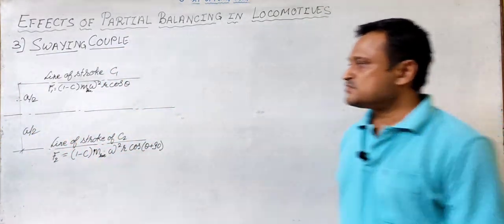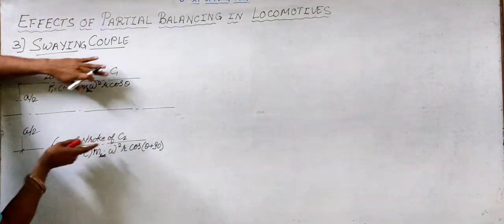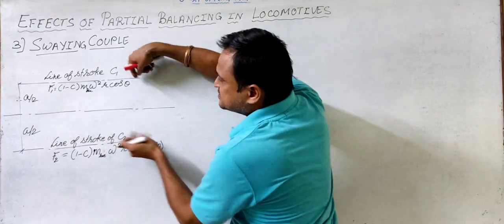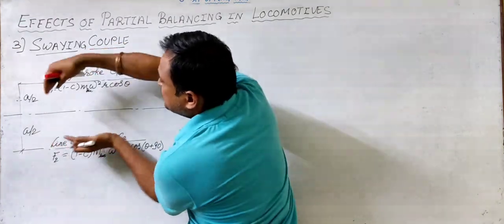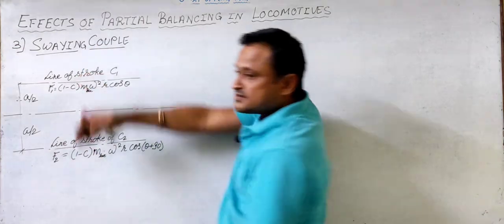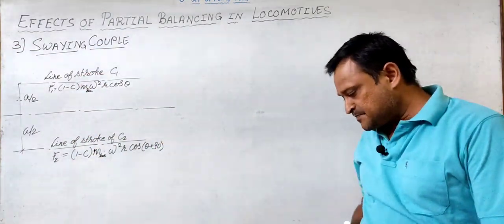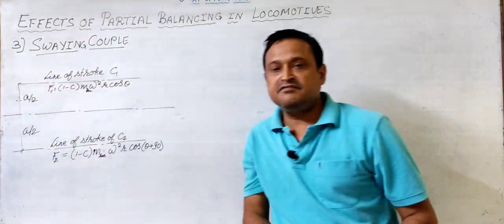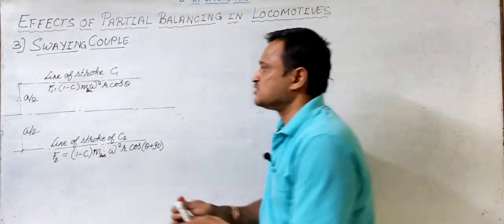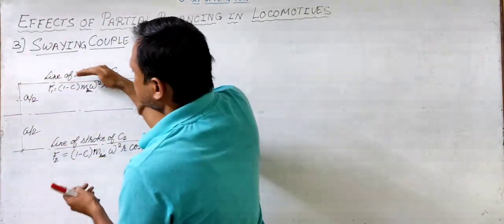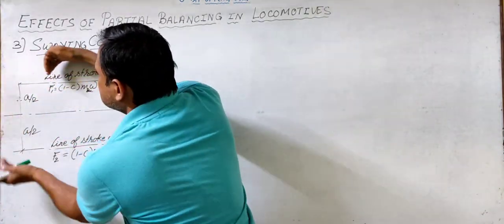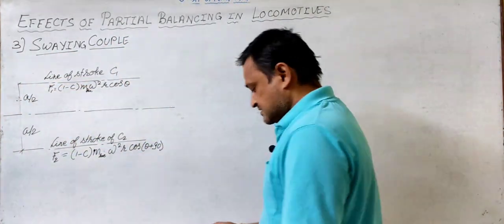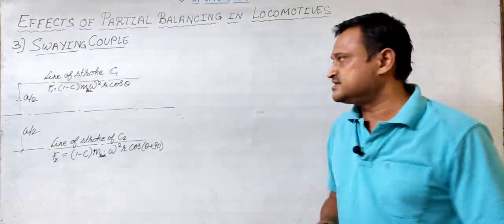When there is a difference between these two forces, about the line of the axis these forces will produce a couple. This will be trying to move this way, and this will be trying to move this way.